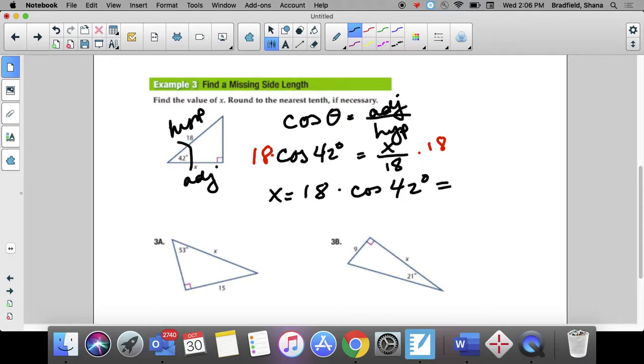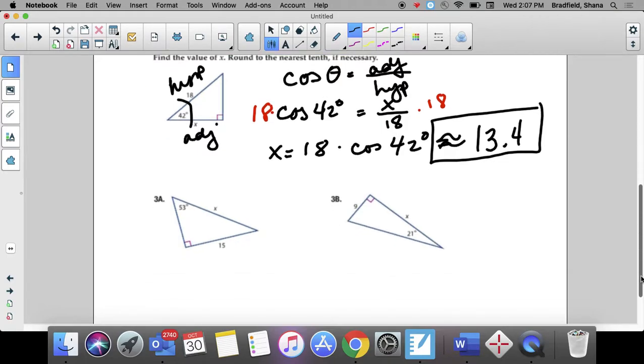It should indicate at the top of whether you're in degree or radians in the usual screen. But if it doesn't, then you want to go ahead and change that in your mode and make sure it's on degrees. And then if you do it correctly, you should end up with approximately 13.4. So that's x, or the adjacent side.